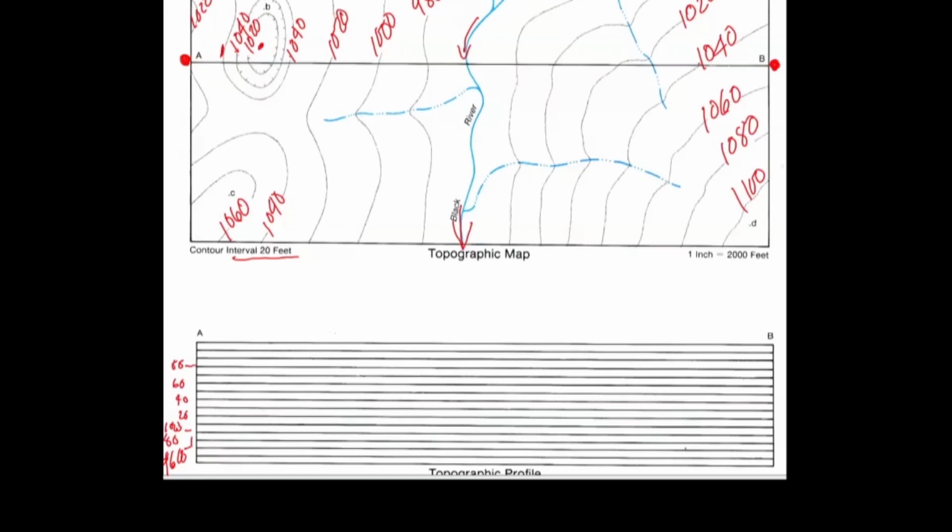The important point in constructing a profile is to mark the exact point where the contour line crosses the line of profile. So I'll make some little dots across here, and then we're going to transfer these elevations to the grid. This one will be a special point because that's where the stream crosses, or the lowest point on the profile.